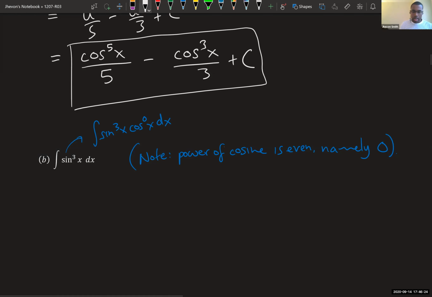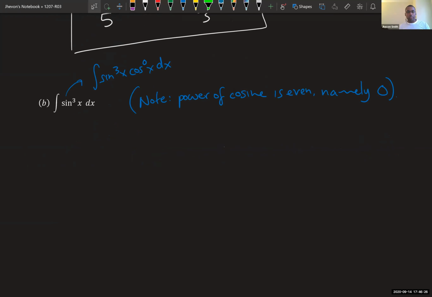All right, what do we do? Someone tell me what to do here. So again, you want to take out the sine because it's the odd power. So then you do like sine squared times cosine to the 0 times sine x dx, and then that'll be your du.